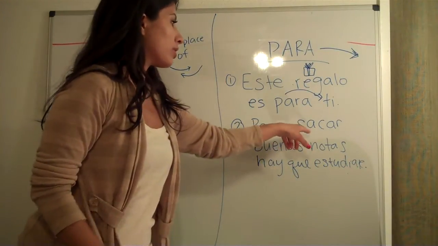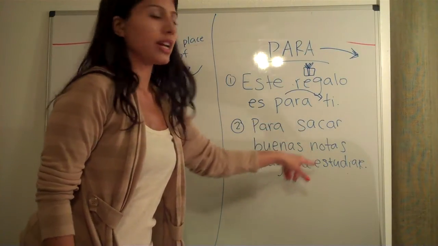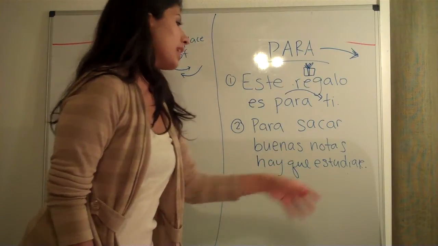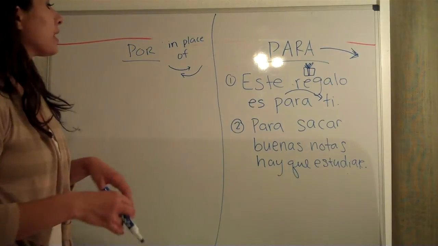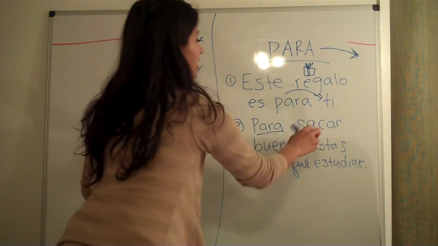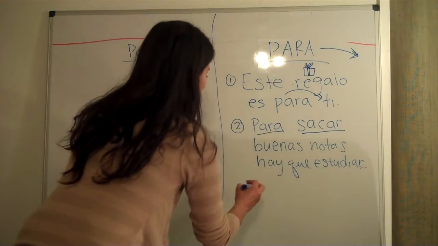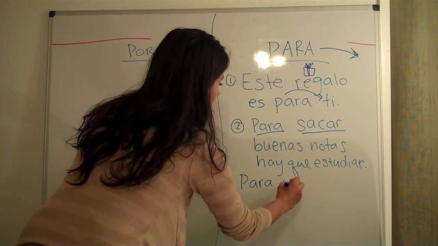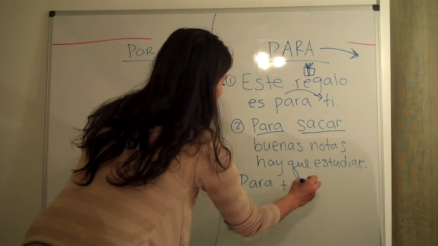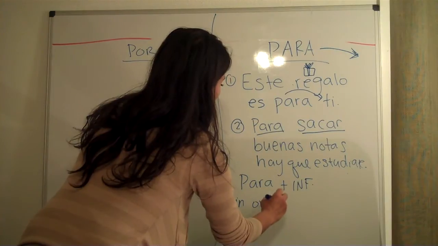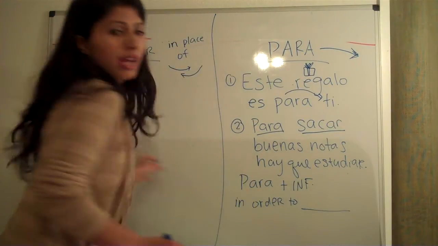In order to earn good grades, one must study. It's like a general term, okay? So para, the preposition plus the infinitive, okay? So when you have para plus the infinitive, basically it means in order to, and then whatever the verb is, okay?